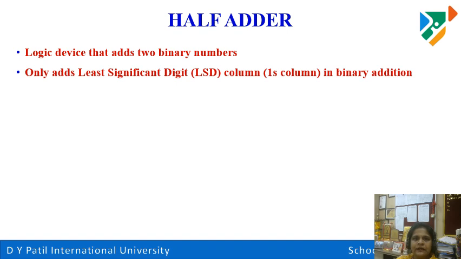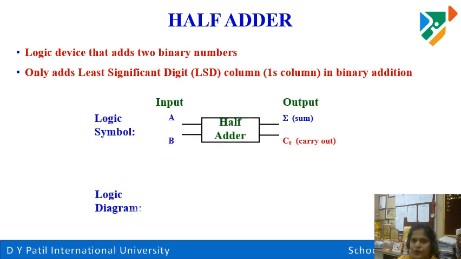Now what exactly is a half adder? It's a logic device that adds two binary numbers. It will only add the least significant digits column, that is the ones column in binary addition. Only the least one bit addition it's going to do. The half adder is a box with two inputs, each one bit, and the outputs are the sum and the carry.